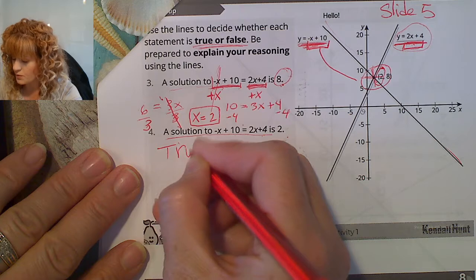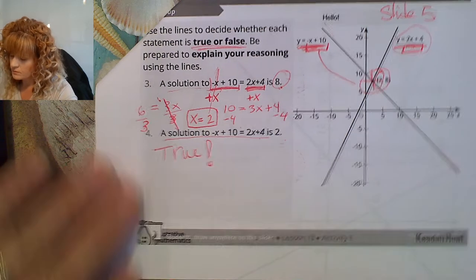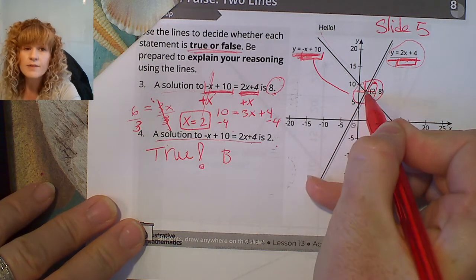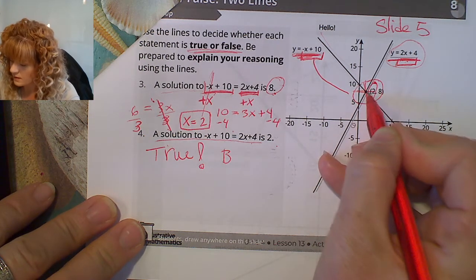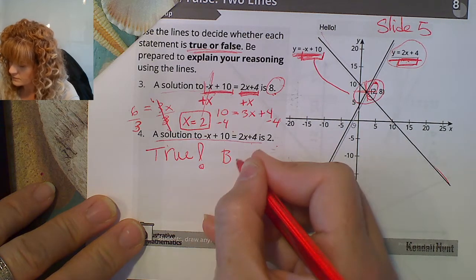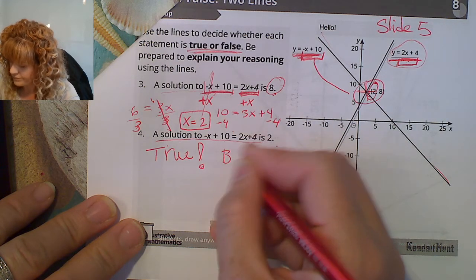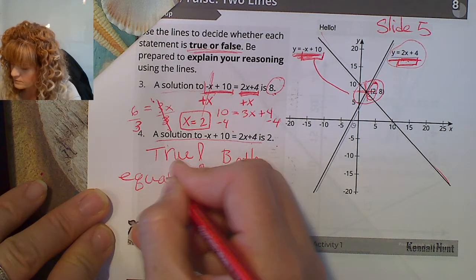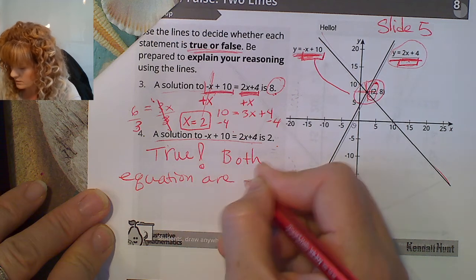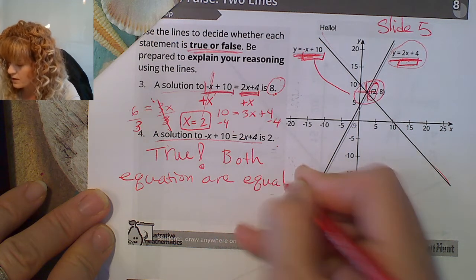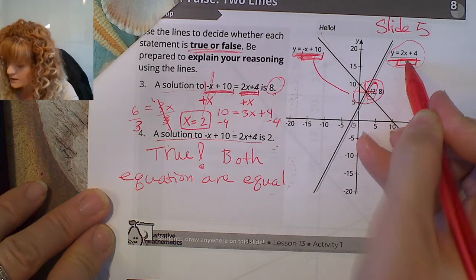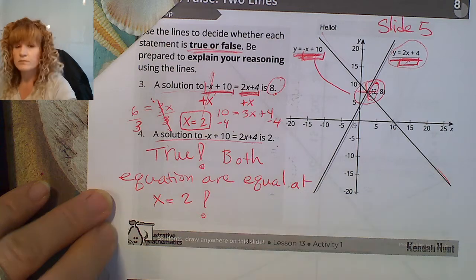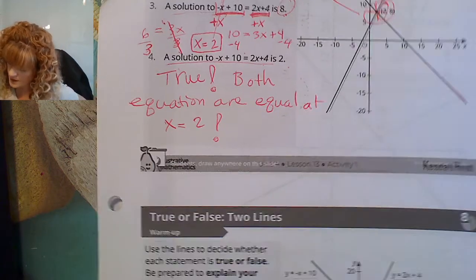So that's true. So both equations have the same x value here. Let me say that again. Both equations are equal. This one equals that one at x equal to 2. Okay, keep going.